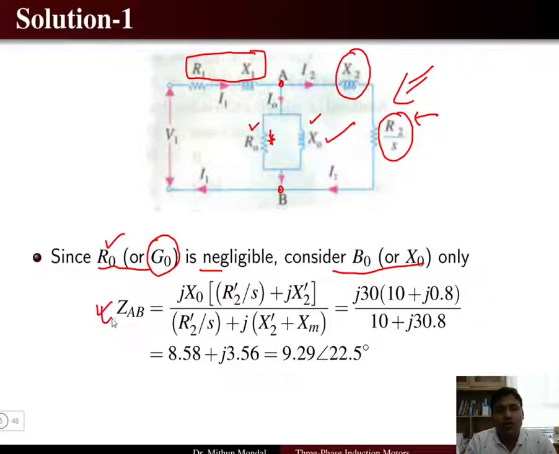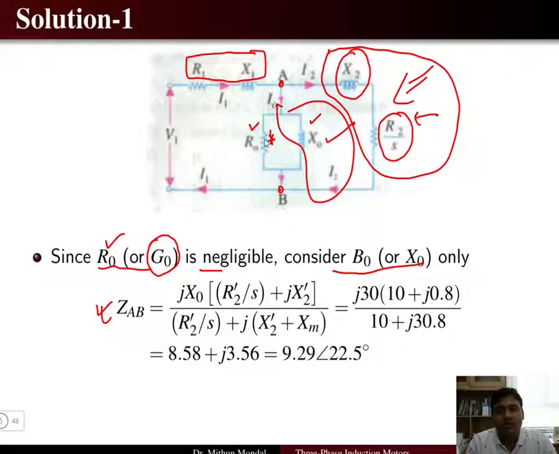In order to calculate the impedance of ZAB, we can follow the series parallel concept. Basically this part of the circuit is in series and it is in parallel with this part of the circuit, because we have neglected the R0. So we can put the values in the parallel equivalent formula, R1 R2 by R1 plus R2.